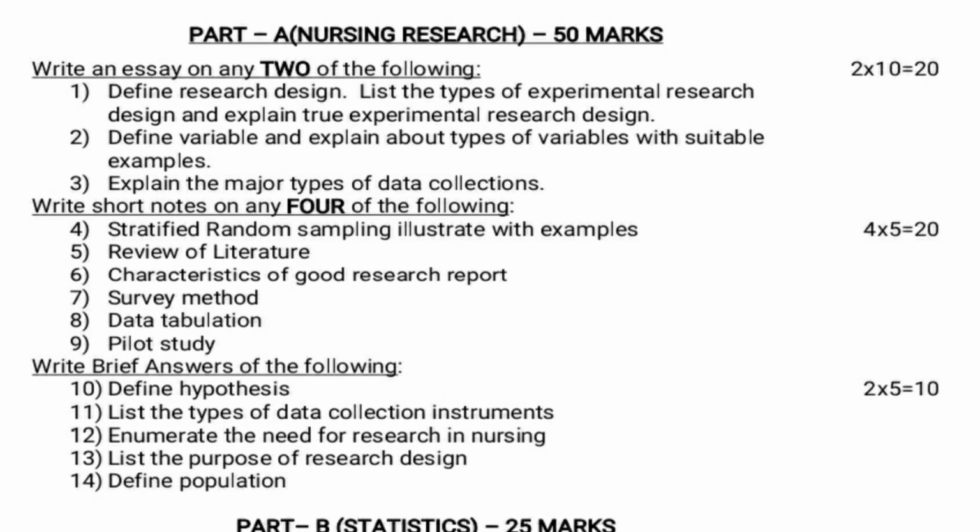Next is short notes. They will be giving 6 short notes. Out of those 6 short notes, you have to answer any 4 of the following. The fourth question is stratified random sampling, illustrate with examples. Fifth question is review of literature.